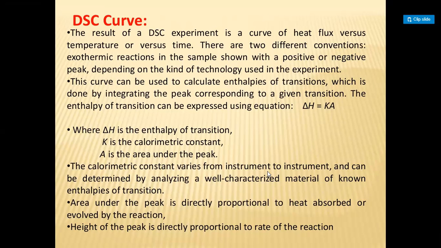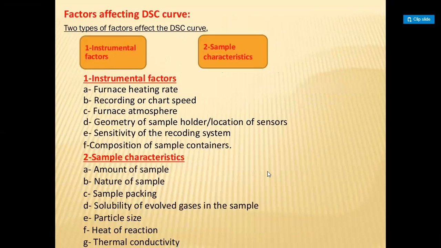The calorimetric constant varies from instrument to instrument and can be determined by analyzing a well-characterized material of known enthalpies of transition. The area under the peak is directly proportional to the heat absorbed or evolved by the reaction. The height of the peak is directly proportional to the rate of the reaction.